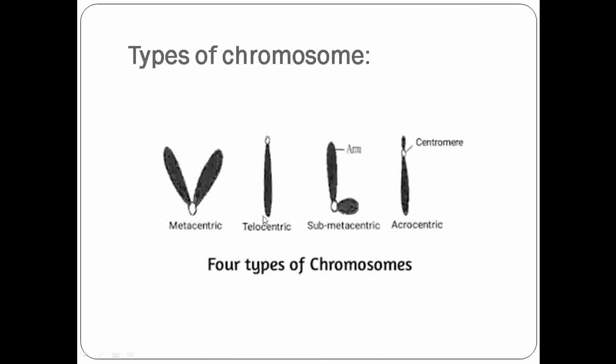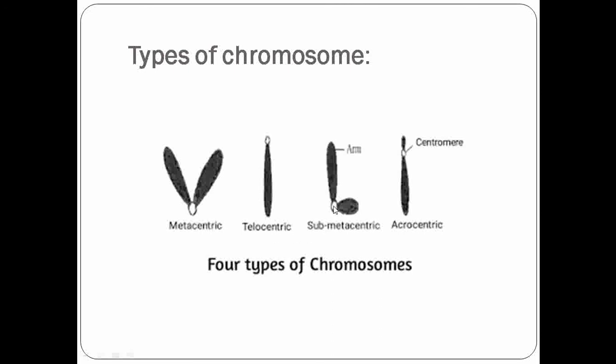Okay. If the centromere is present exactly at the tip region of the chromosome, it will give the appearance like that. So this one we call telocentric.